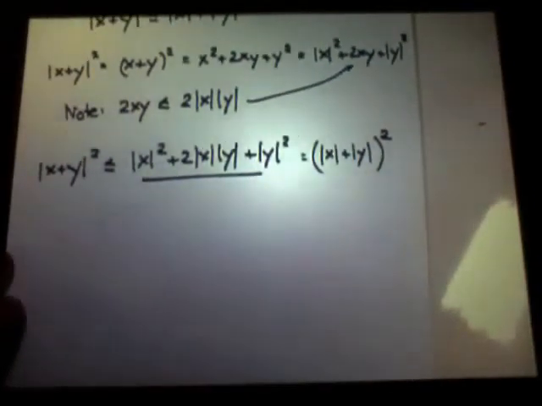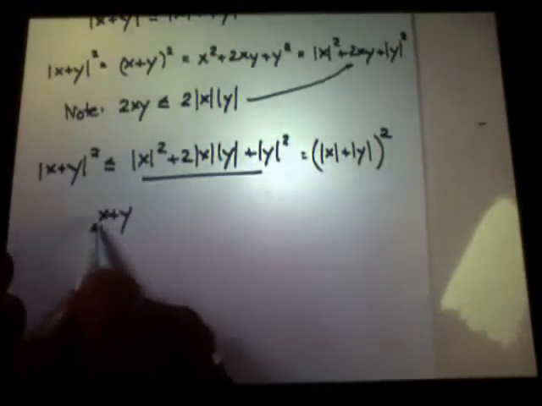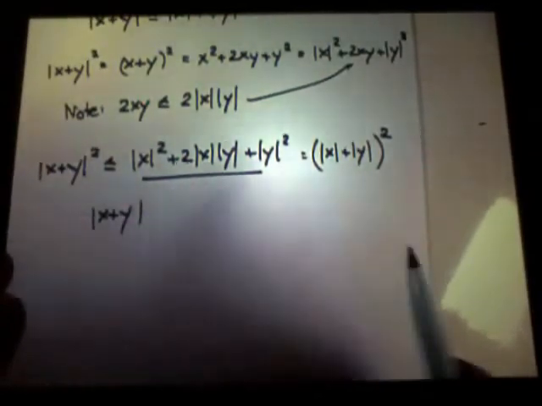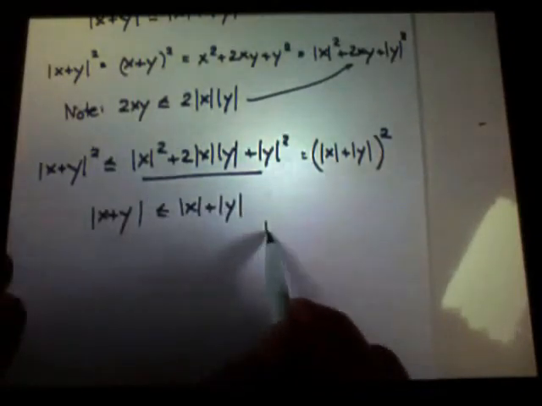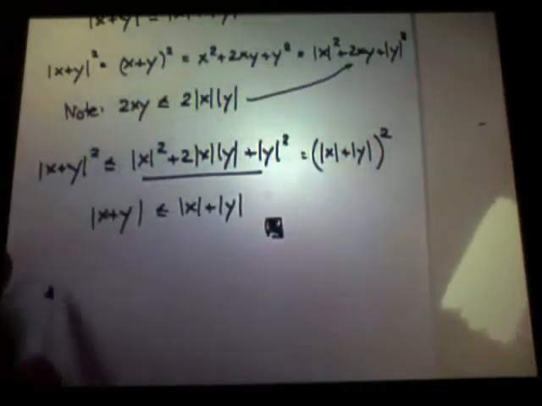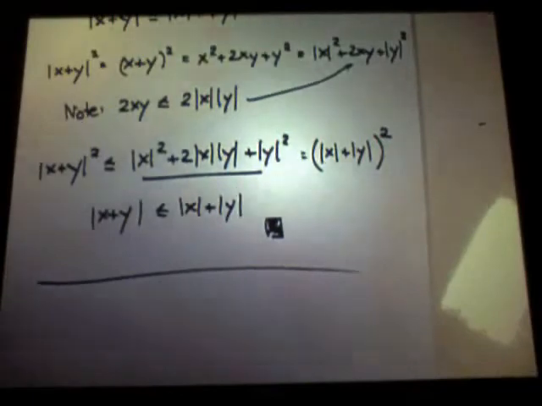Okay, now take the positive square root. By the way, why is it that positive square roots would preserve order?